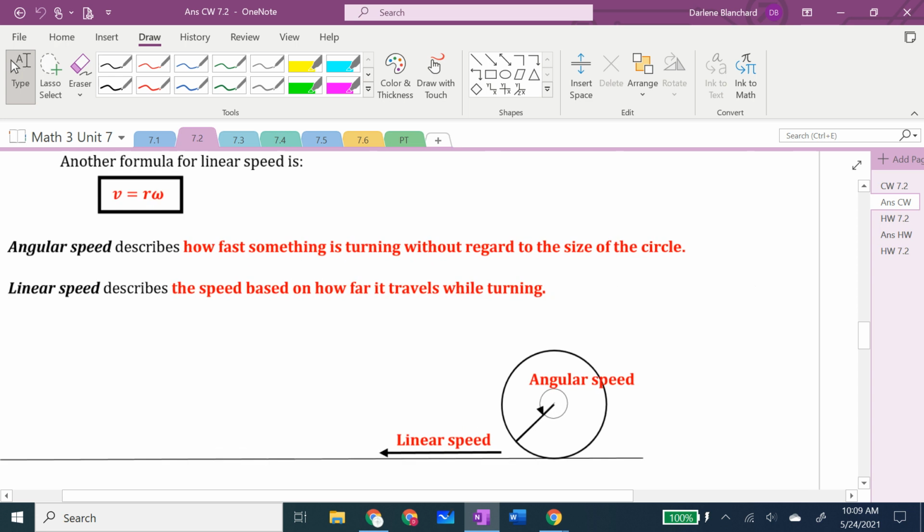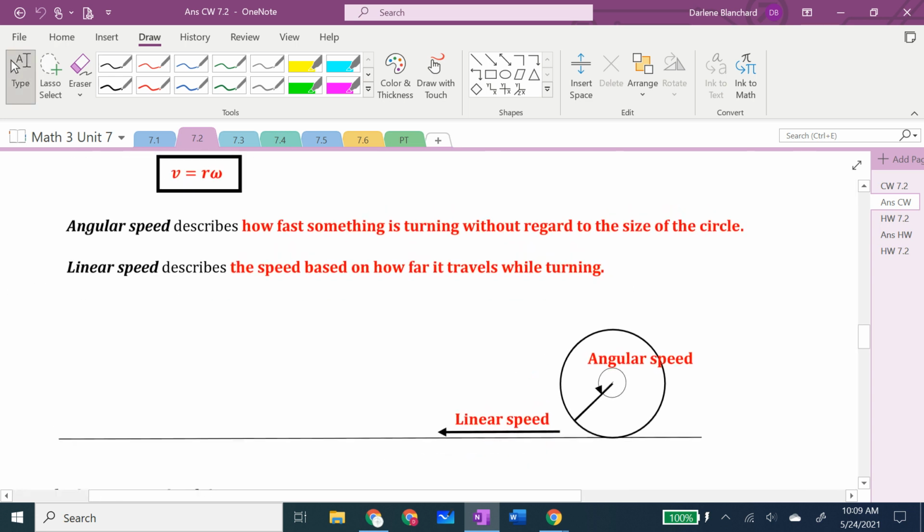So angular speed is how fast something is turning. Think about the wheels of a car, how fast those wheels are turning. But it is without regard to the size of the circle. However, if you change the size of the circle, that affects the linear speed.